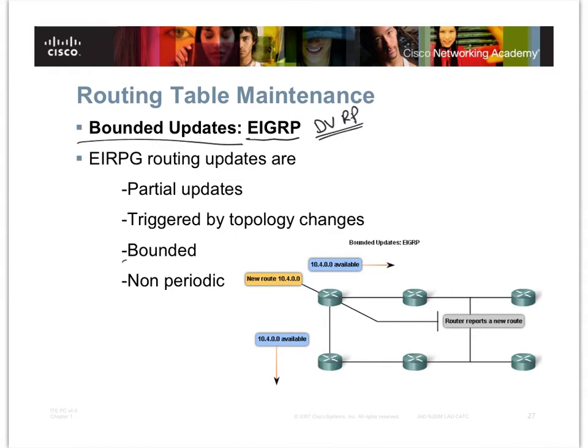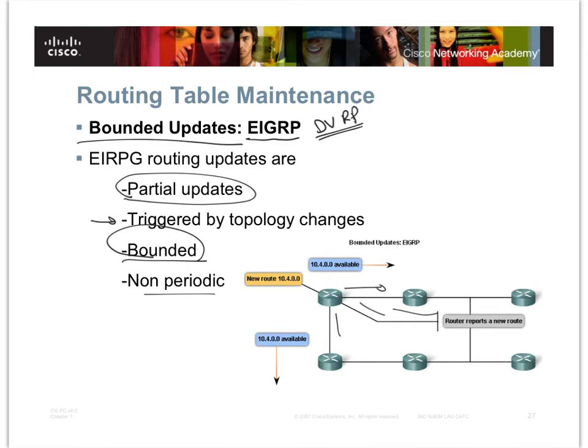By bounded update, I mean that it's not sent as a broadcast to all the neighbors. It sends partial updates to a bounded number of neighbors. And it's triggered, which means it's not periodic. So it's non-periodic, and I send only partial updates to a bounded number of neighbors.